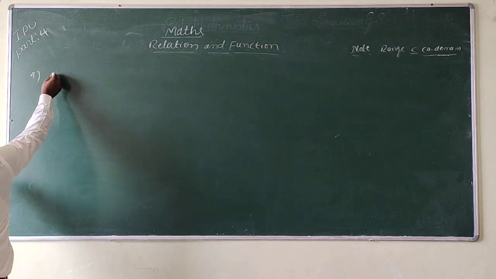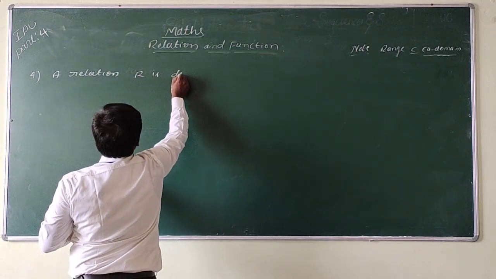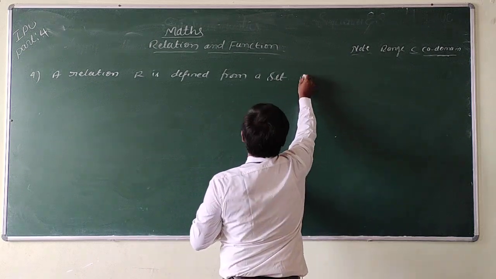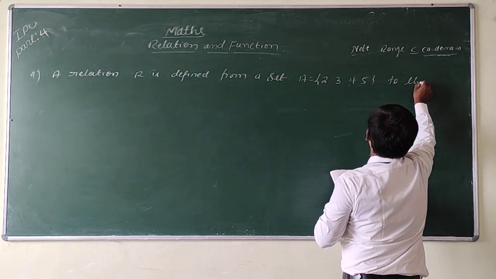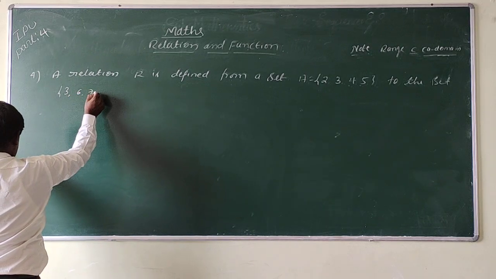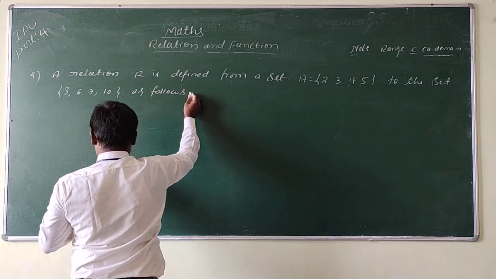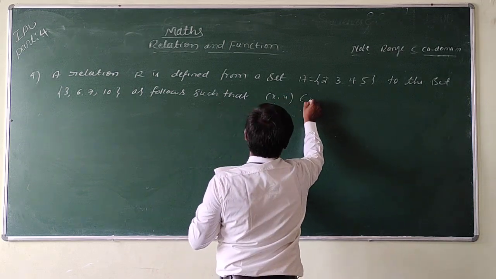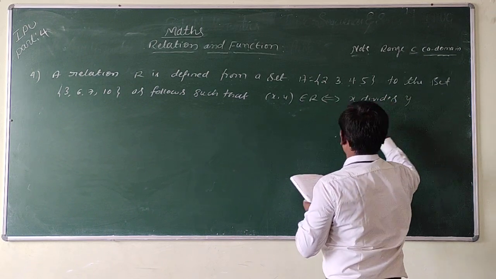A relation R is defined from the set A, that is {2, 3, 4, 5}, to the set B, {3, 6, 7, 10}, as follows: (x, y) belongs to R implies and is implied by x divides y.